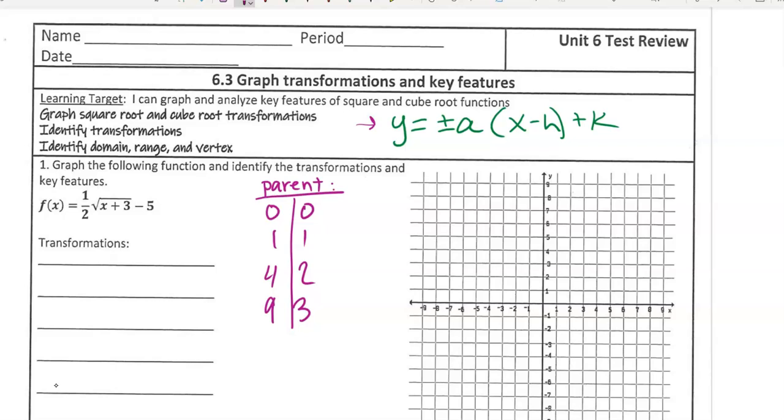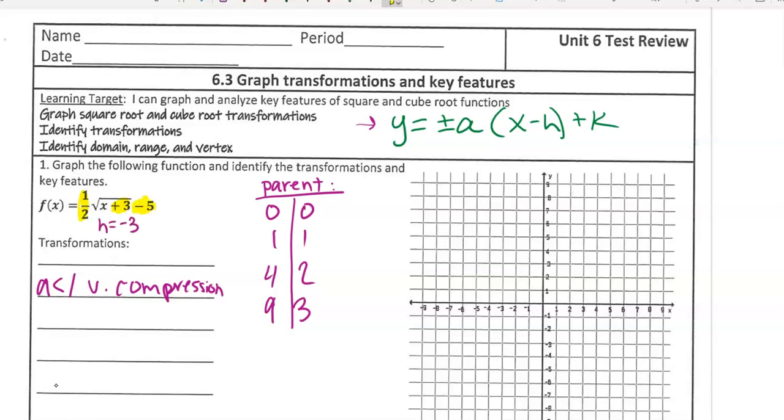Now, the transformation, starting with the first thing I see here, this 1/2. When the a value is less than 1, we have a vertical compression. And then this number here is h, and remember x lies, so h is really -3.